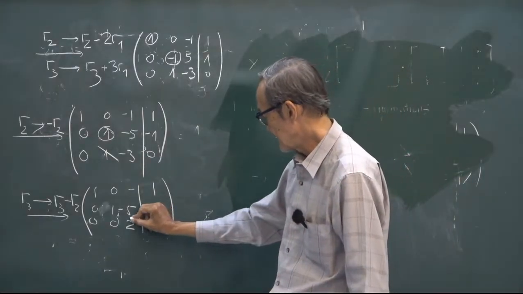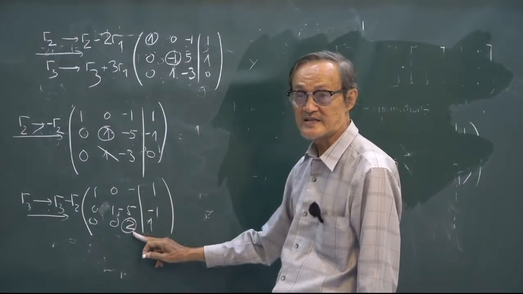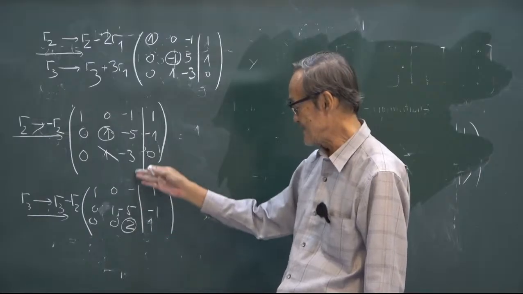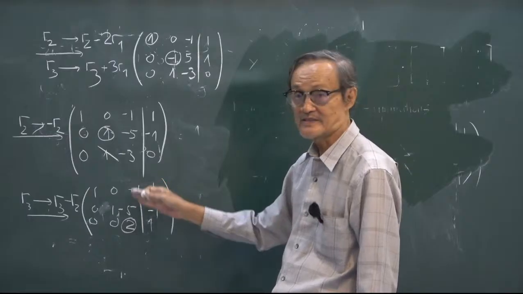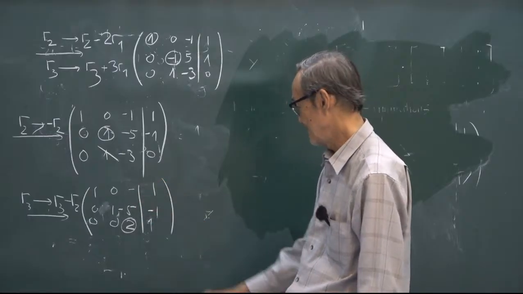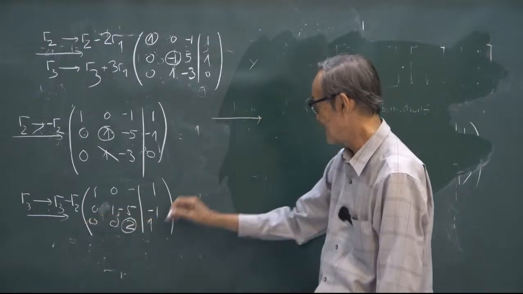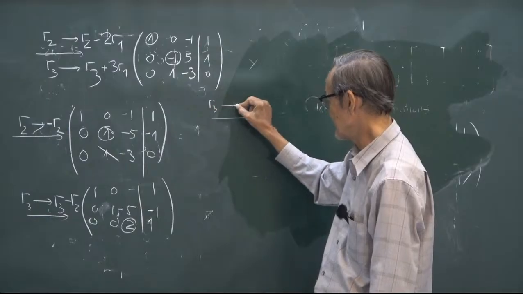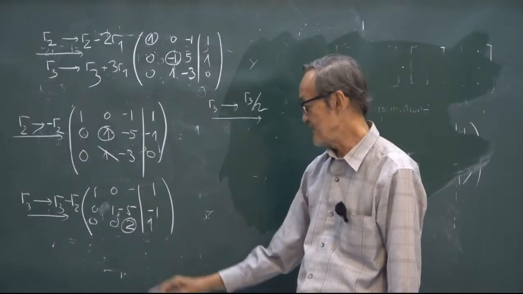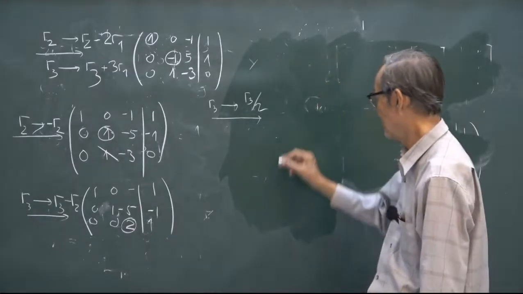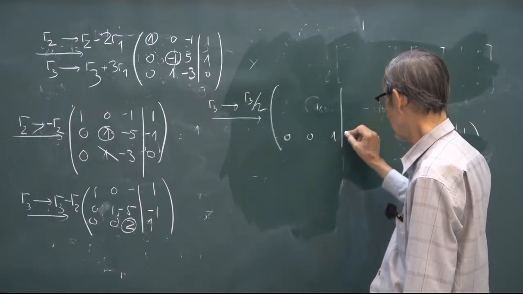Now we want this number to become number 1, meaning 1z. The third column is the third variable z. We have to transform row 3 into row 3 over 2, divided by it: 0, 0, 1, 1/2.